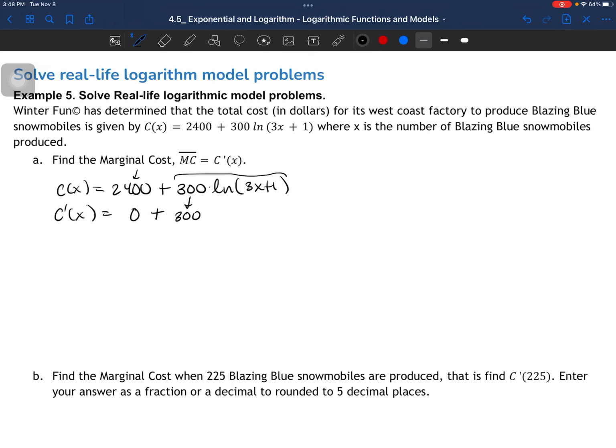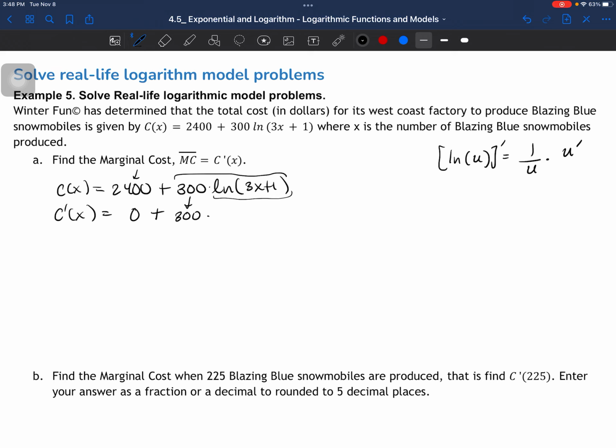The derivative of a constant is 0. For this part, this is a constant multiple rule, so the constant is being multiplied to a function, so we carry the constant and multiply by the derivative of this function.